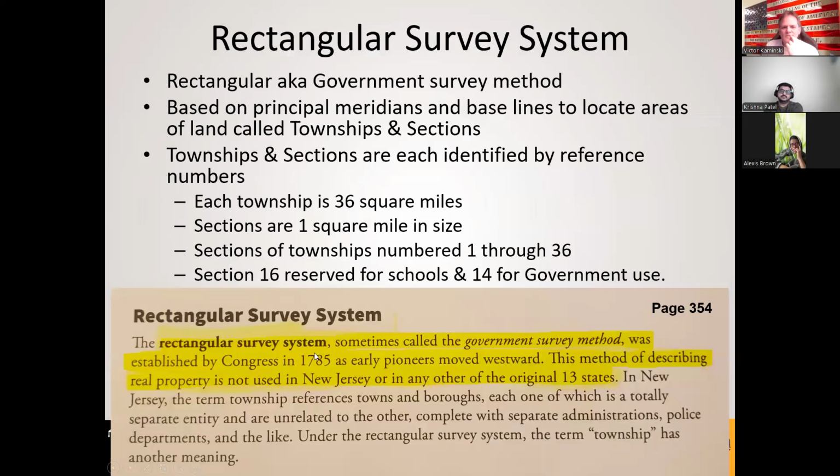So let's do the highlight here. So there's 36 sections within a township. And section number 16 is usually reserved for schools, and section number 14 for government use. Not that you need to study that for the exam or anything.